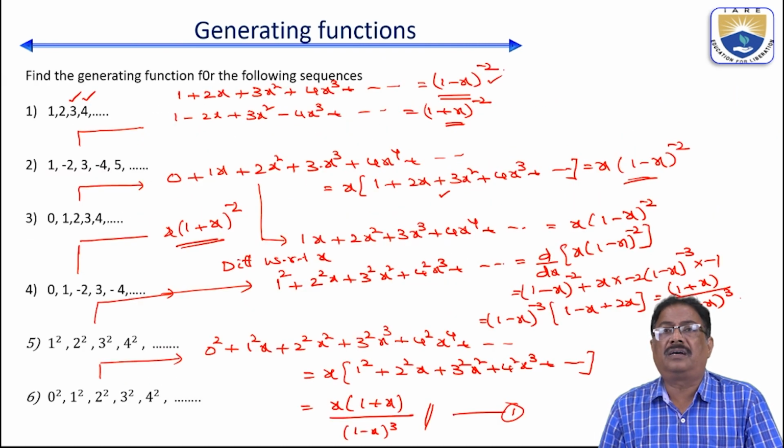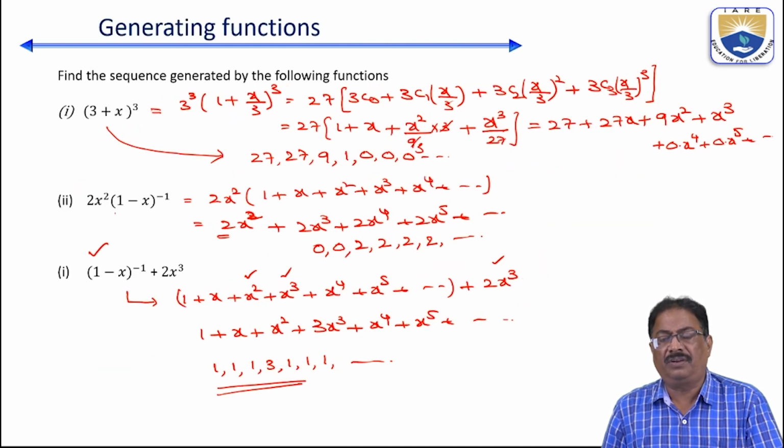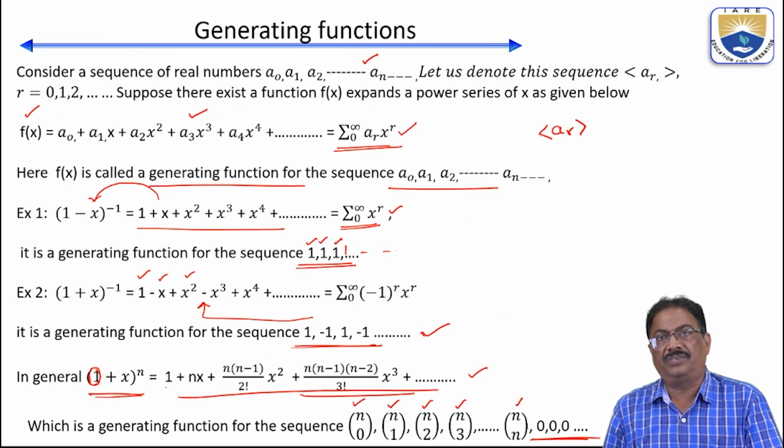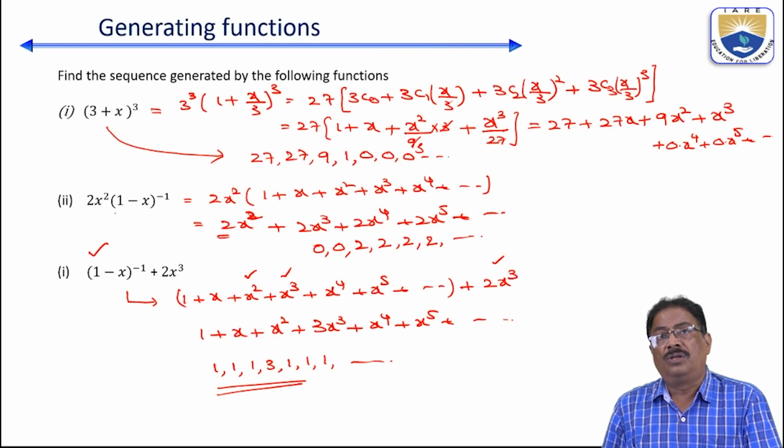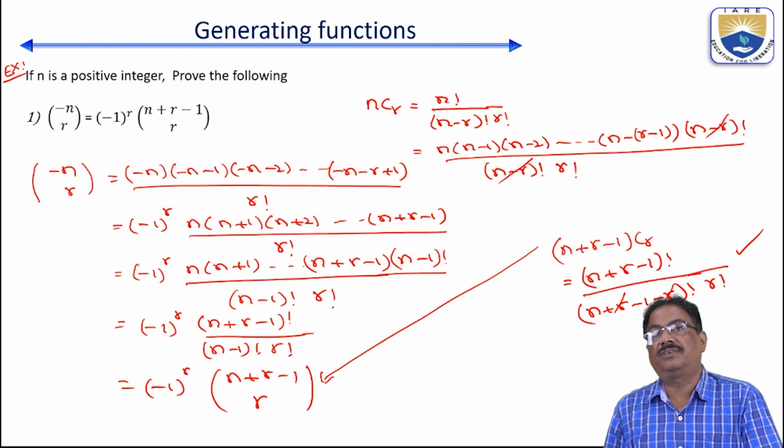So here, whenever any generating function is given, we studied the generating function definition and its corresponding sequence. Now whenever a generating function is given, how to find its sequence, and whenever a sequence is given, how to find its corresponding generating function.